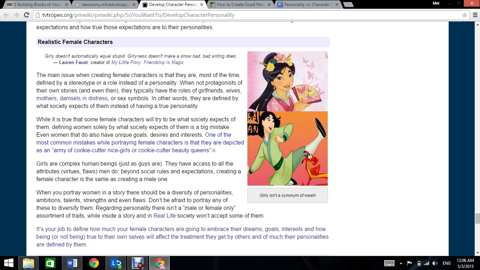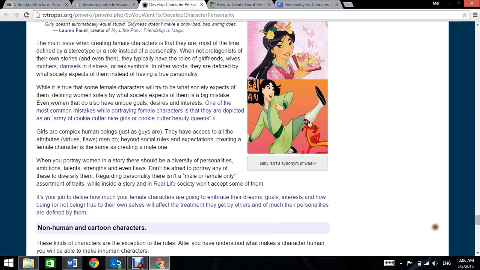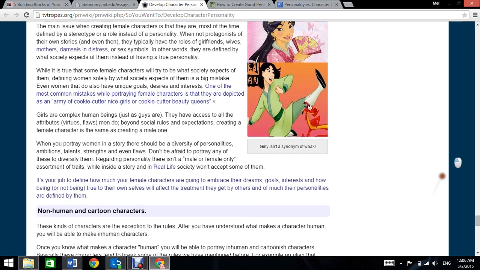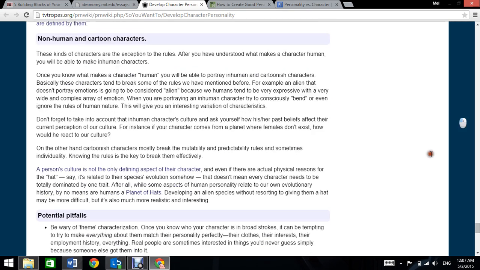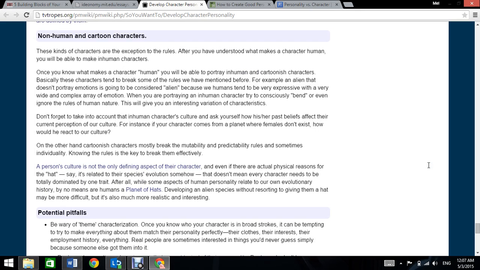I'm sick of hearing them being sexist. Make good, realistic female characters. Girls are complex human beings just as guys are. Sorry, my feminist is coming out a little too much.